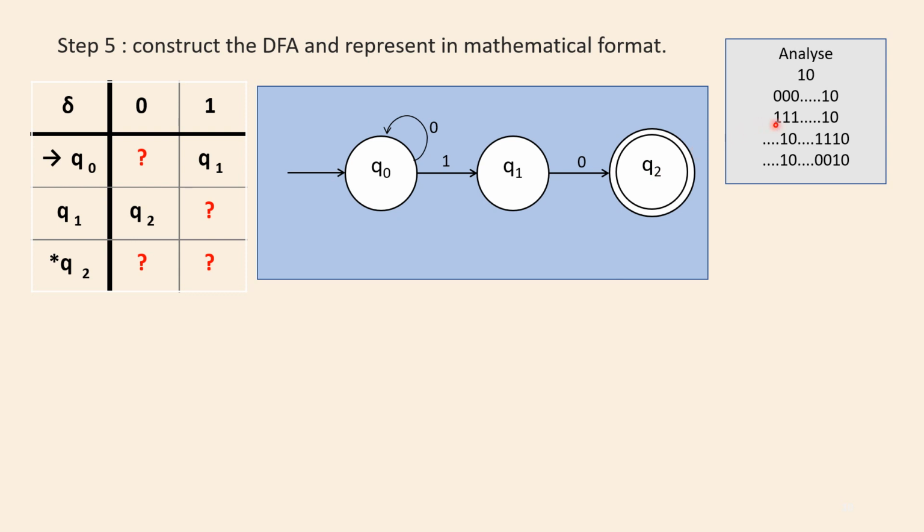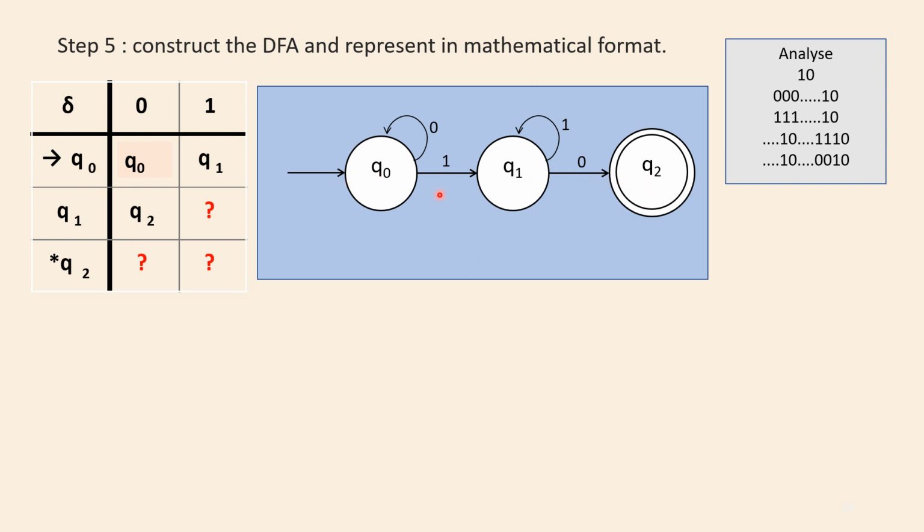Now if I have n number of ones ending with 1, 0, then I can loop ones in Q1. So I have 1, n number of ones and ending with 0. This is also in the final state, which means the first one is going from Q0 to Q1 and the rest of the ones get looped in Q1, ending with 0 goes to Q2.